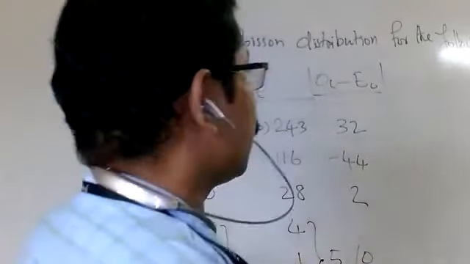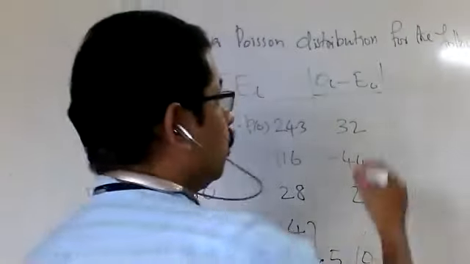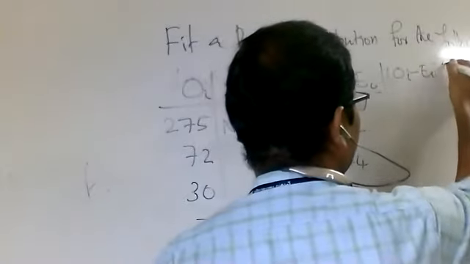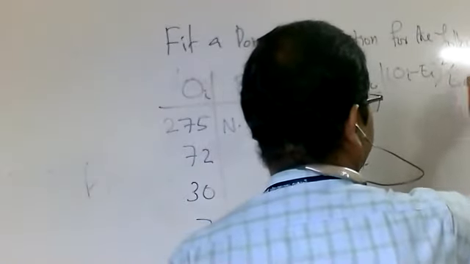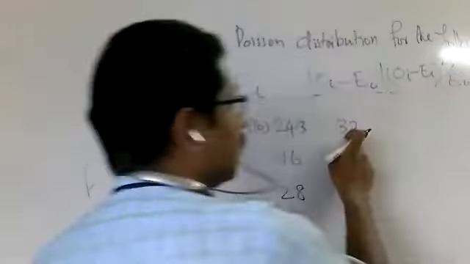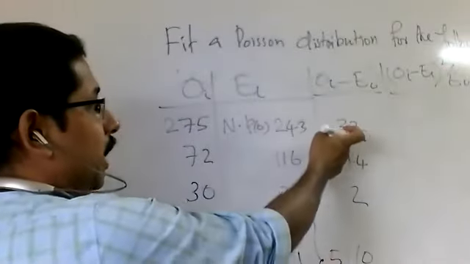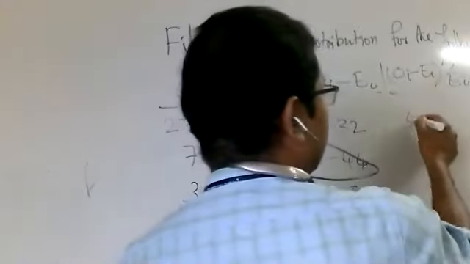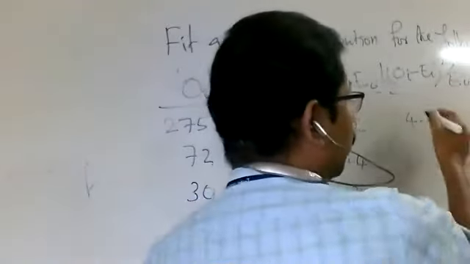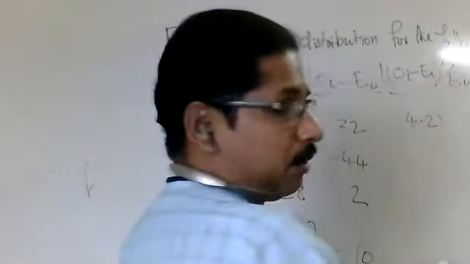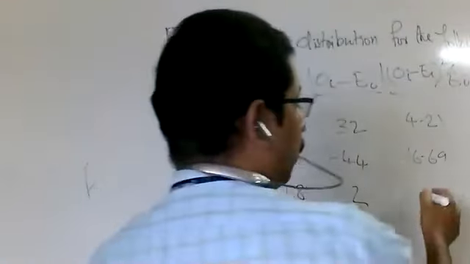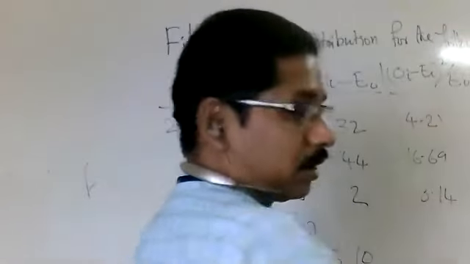Then find the square of that value, OI minus EI all square, and divide that by EI. EI means this expected value. Then you will get this value around 4.21. Next value is 16.69. Then 0.14. Then 20.